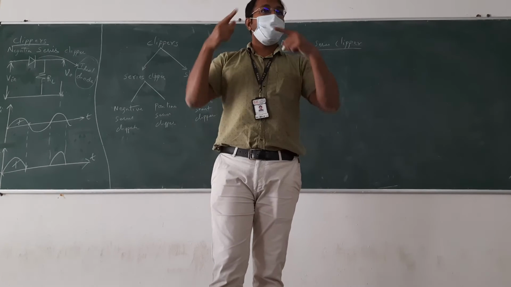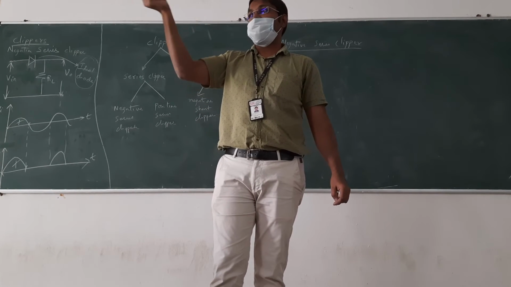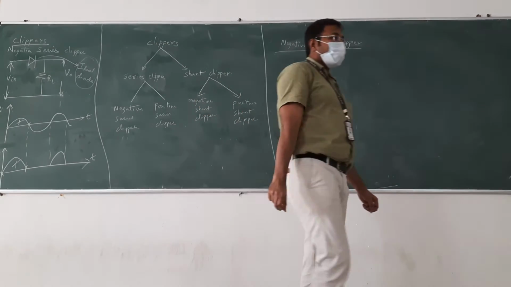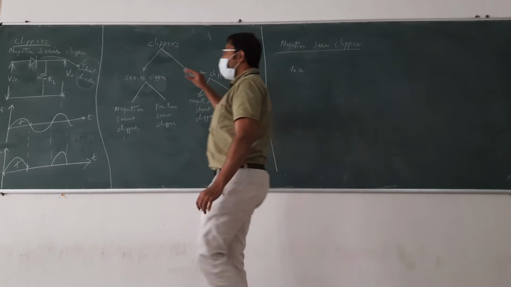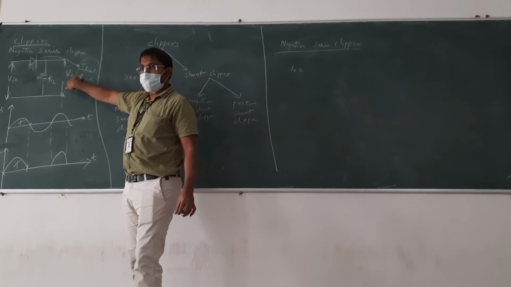It is like a switch. Practically, we will have 0.7 volt for a silicon diode and 0.3 volt for a germanium diode. Anyway, throughout our analysis, we will take the diode as ideal.